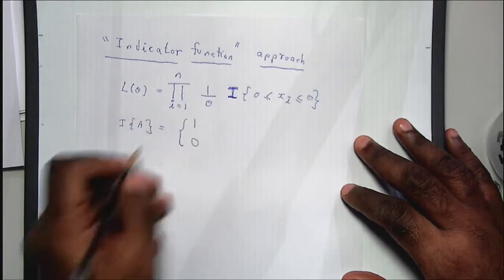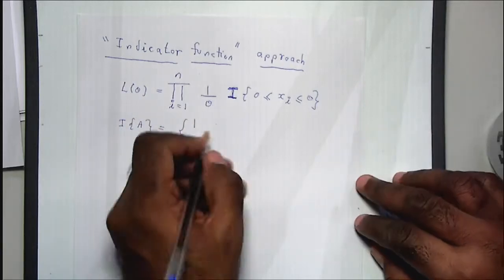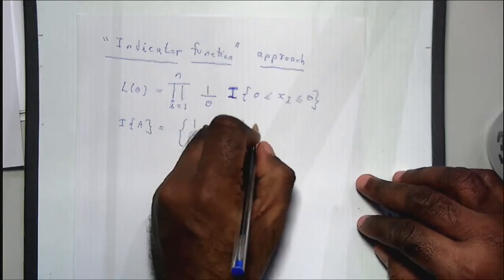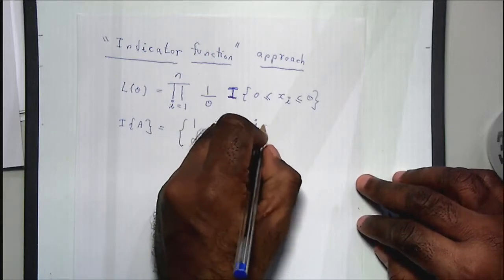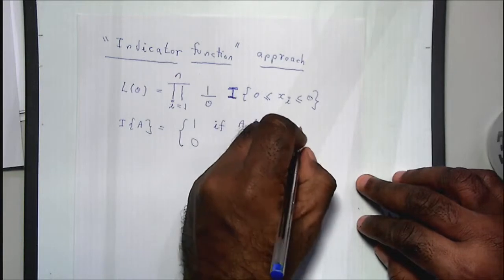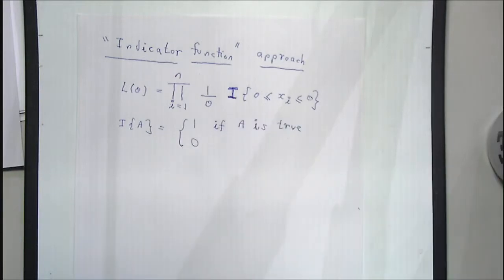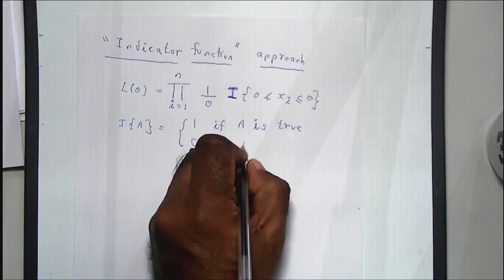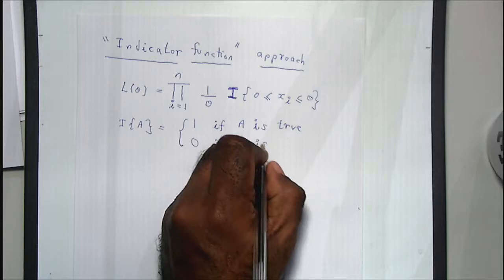It takes two values: one if A is true, zero if A is false.